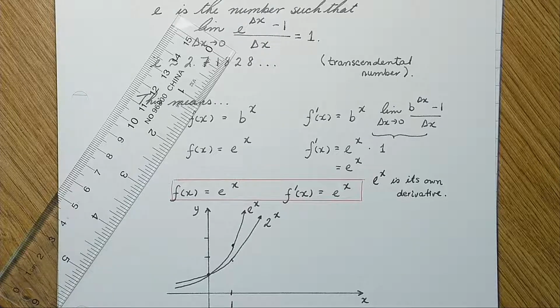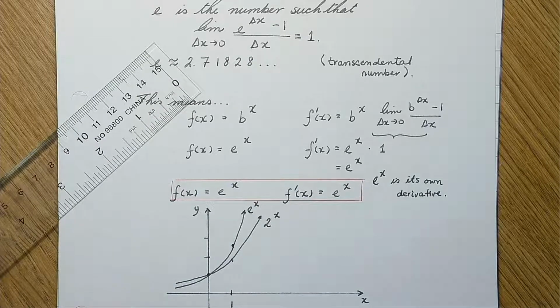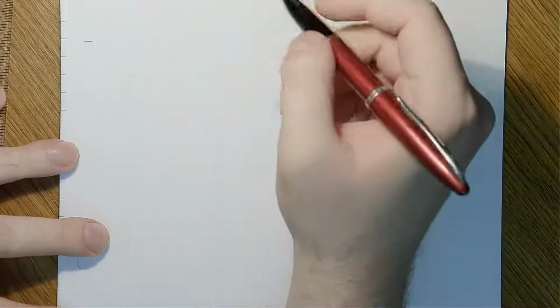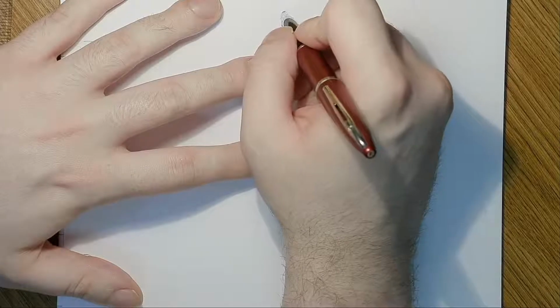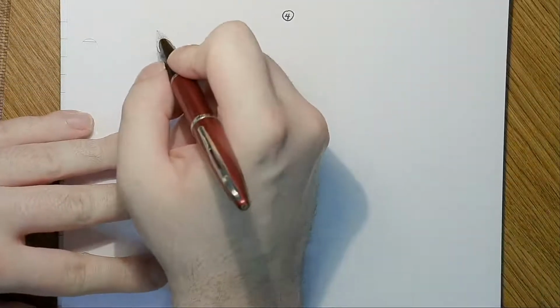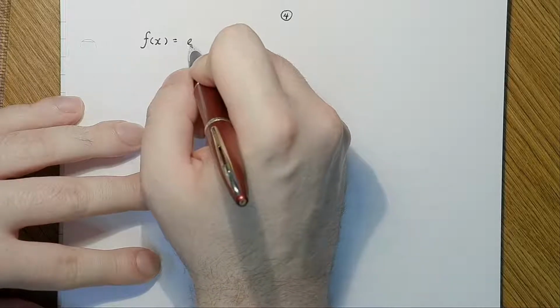Okay. So what we'll do now is we can do a little bit more derivatives using e. So we're again looking at this function, say f of x is equal to e to the x.